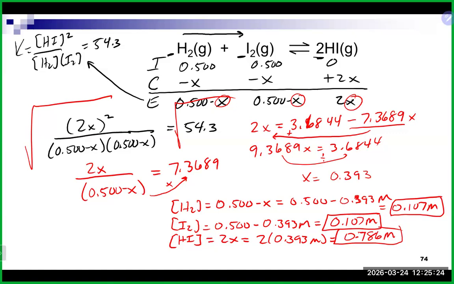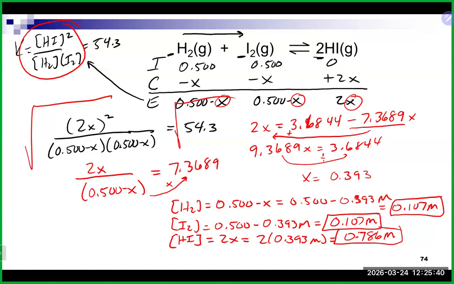Any questions on that? Again, if you want to check yourself, you put those numbers back into our expression, you get about 54. That's pretty good. Didn't screw up too bad there.